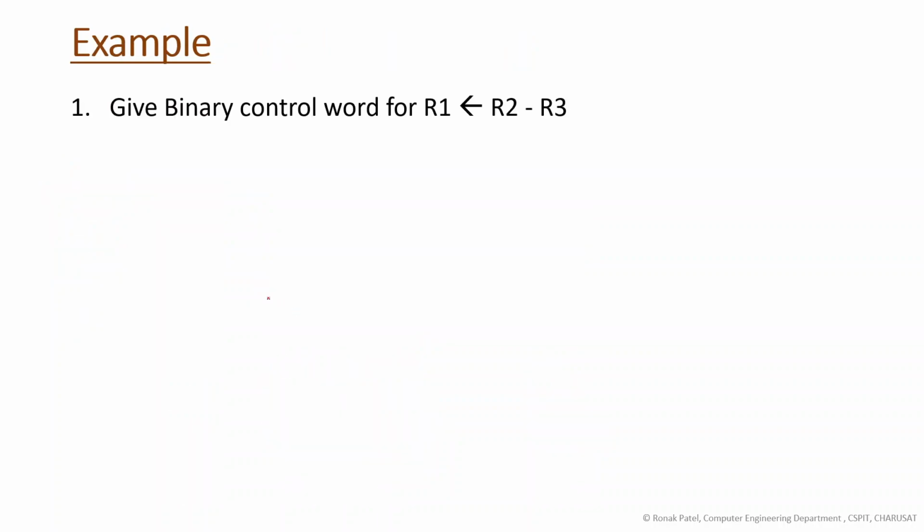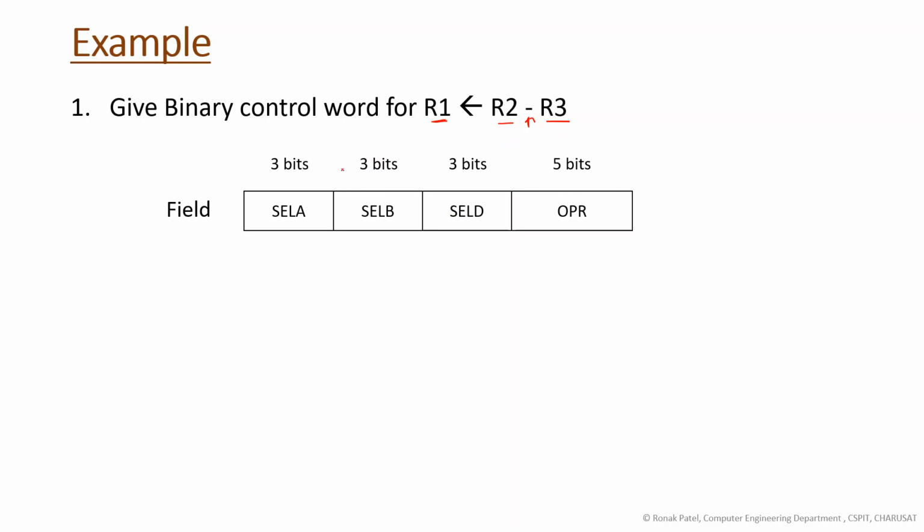Let's take the example. R1 is the destination register, and the operands on which we are going to perform the operation are R2 and R3, on which we are performing subtraction. So as you know, we need to specify this control word, right? Once we give the control word to the CPU, it will perform this operation, R1 = R2 minus R3.